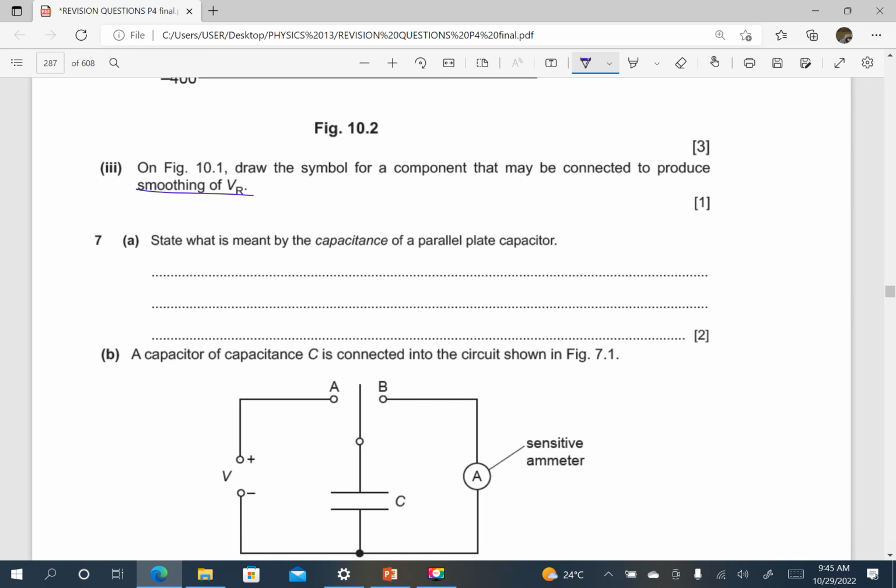State what is meant by capacitance of a parallel plate capacitor. We shall see this in more detail under the unit capacitance, which is next.